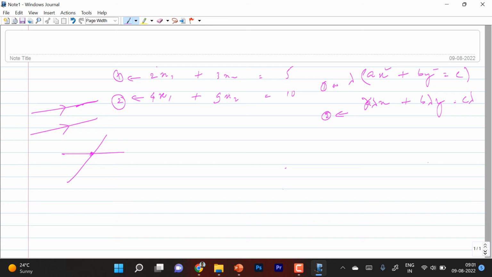But what if it was some 6? Would it then be a parallel line? Yes, sir. Okay. So let me just write what the value was initially. 9, right? So how do you figure out the value of x1 and x2?